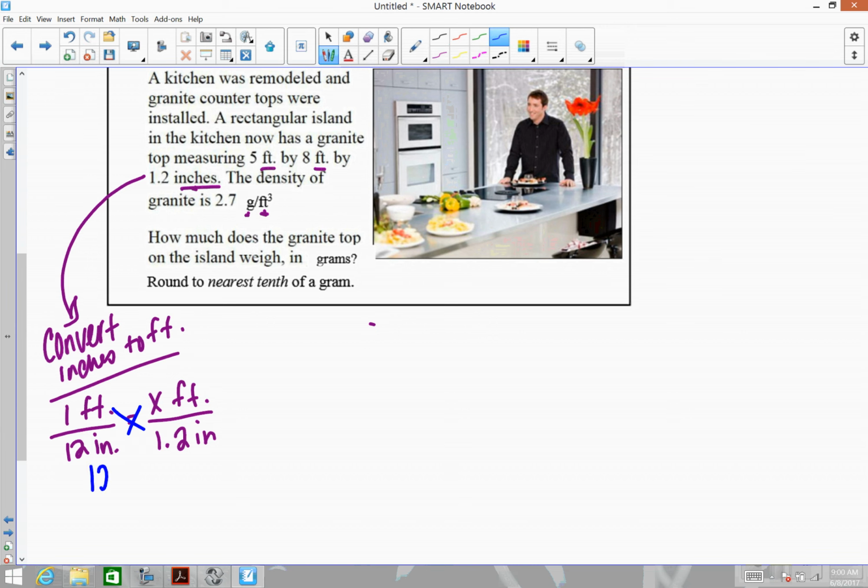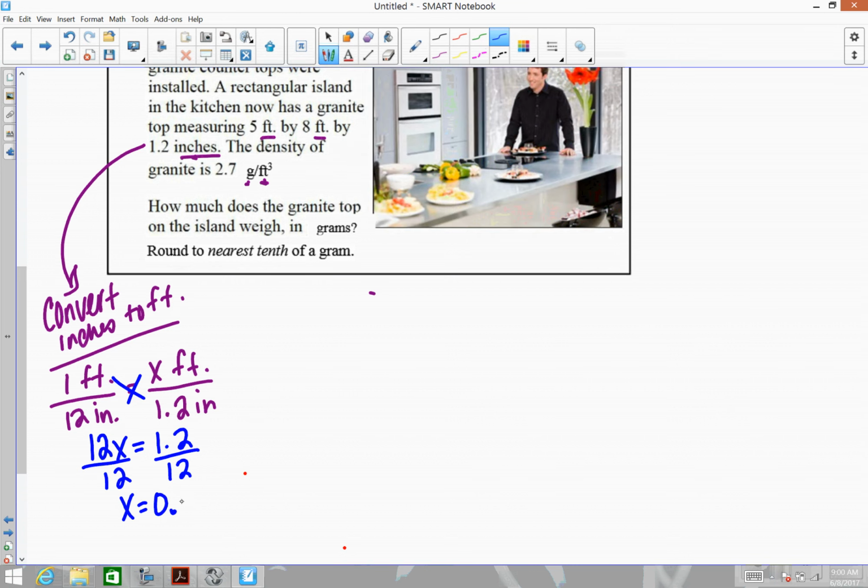So it's 12x equals 1.2, and then divide by 12. Essentially, you could have just divided by 12, but you can always do a conversion if you're not sure. So that's going to be 0.1 foot.